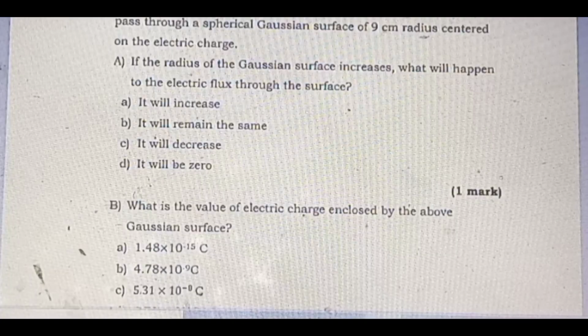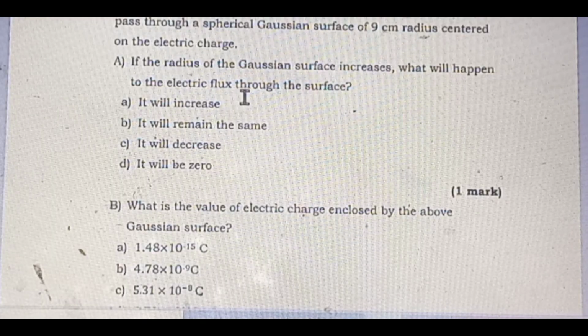I2. A point electric charge causes an electric flux of 6 times 10 power 3 Newton meter square per coulomb to pass through a spherical Gaussian surface of 9 cm radius centered on the electric charge. A. If the radius of the Gaussian surface increases, what happens to the electric flux through the surface?